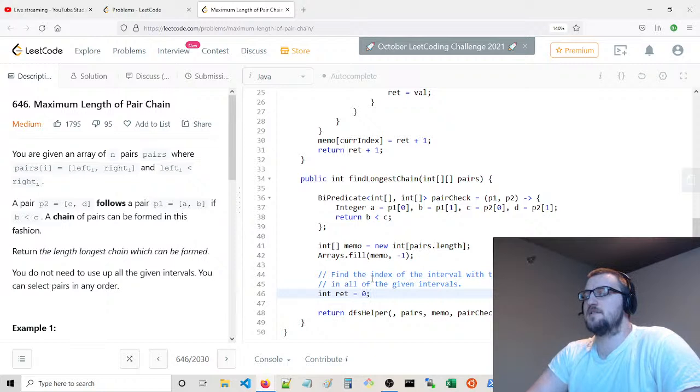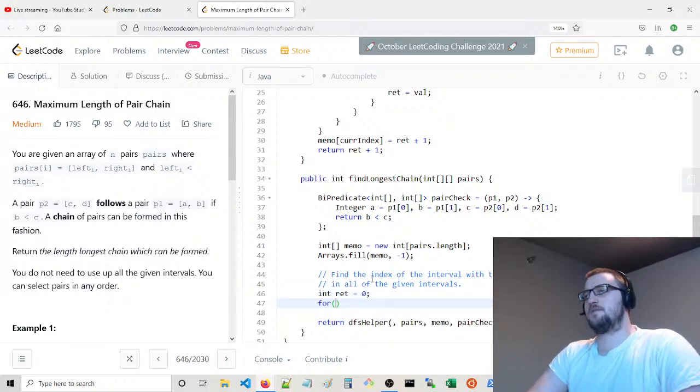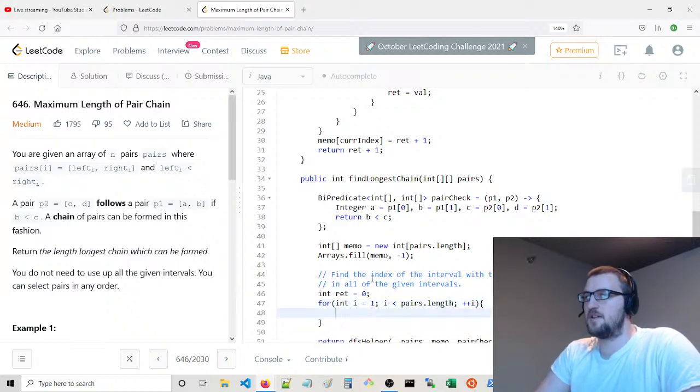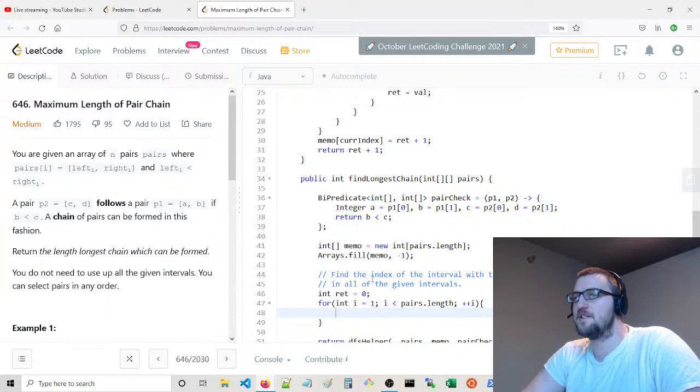Ret will be 0, and we're going to say for, can you do it this way? I don't know if you can. I guess you got to do int I equals 0, I is less than pairs.length. So we're going to use just a raw for loop here.